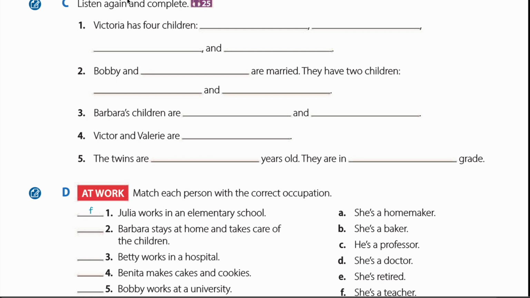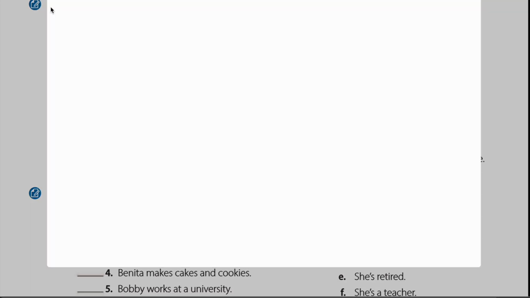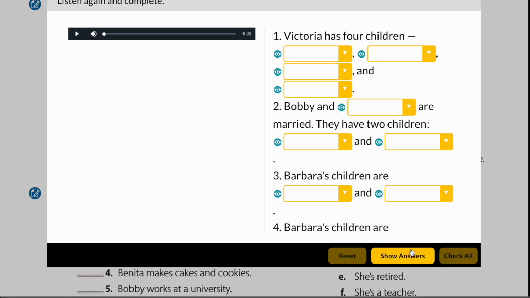Okay, so play the audio again if you want. If you didn't complete everything, pause the video, work on the activity, and now we're going to see the answers in a few seconds. Okay, so here are the answers.